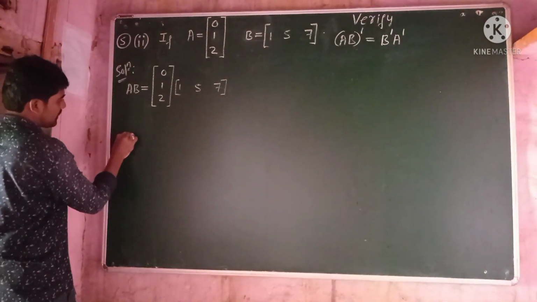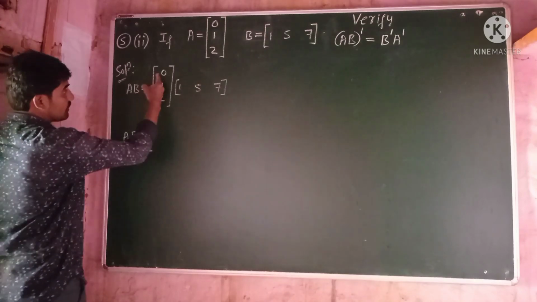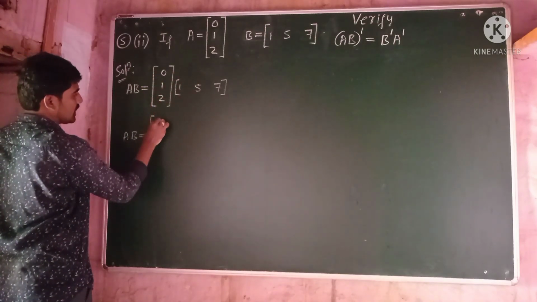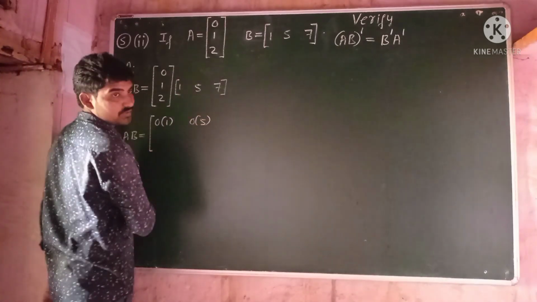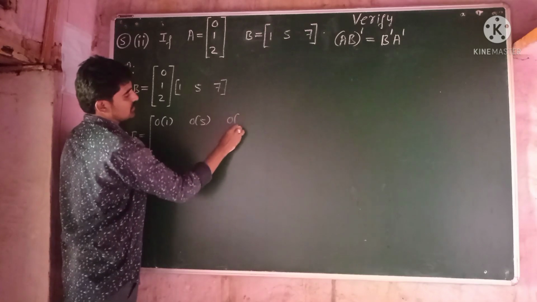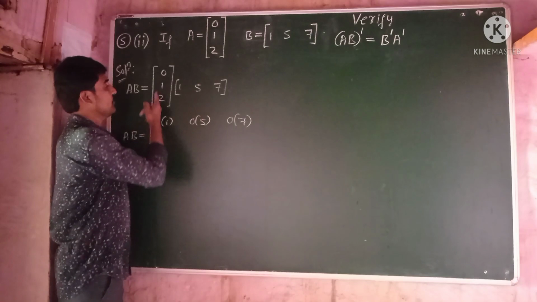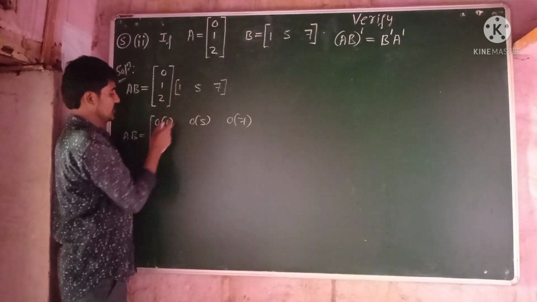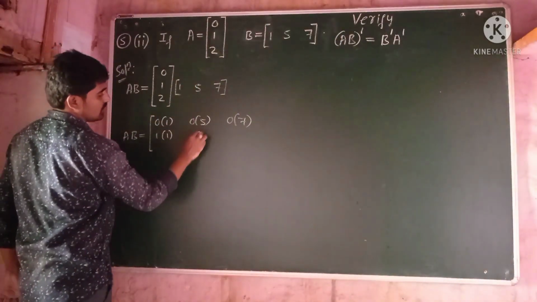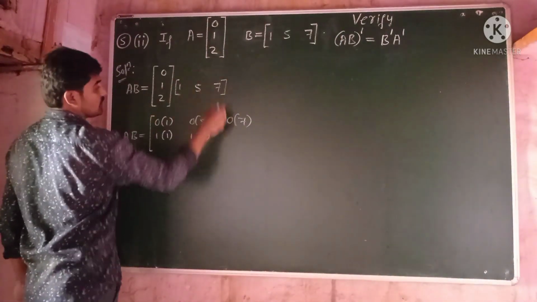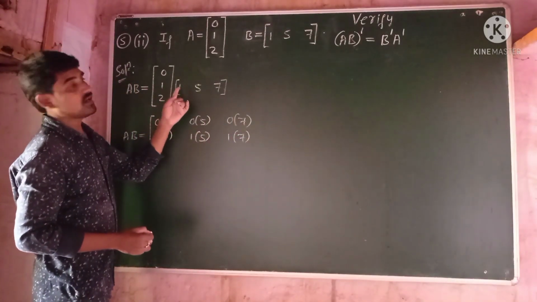First row first column 0 into 1, first row second column 0 into 5, first row third column 0 into 7. So first row is completed with all the 3 columns. Now we go for the second row. Second row first column 1 into 1, second row second column 1 into 5, second row third column 1 into 7. So second row is completed with all the 3 columns.